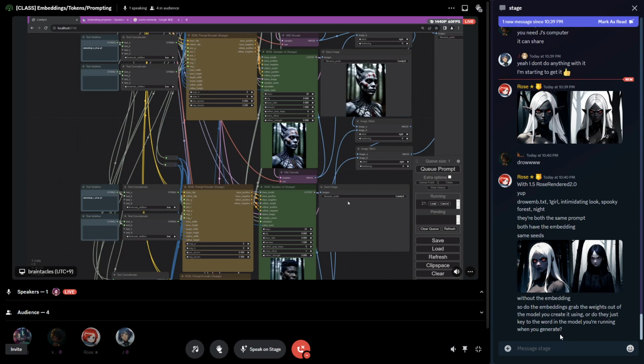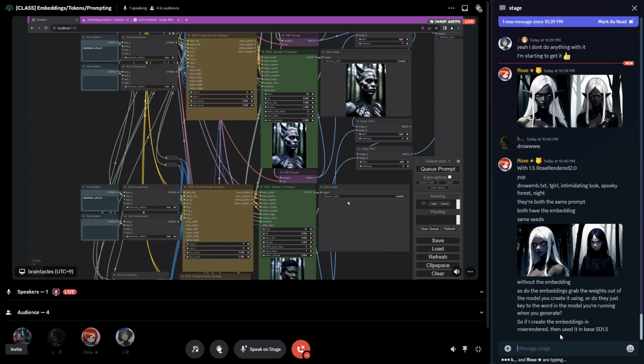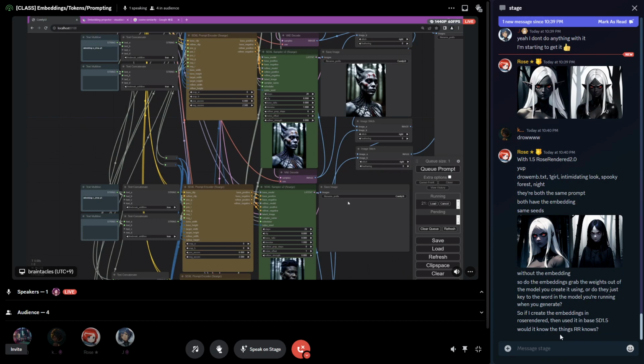So if I create the embeddings in Rose's render, then use it in base SD 1.5, would it know the things are her notes? No, it doesn't work this way.